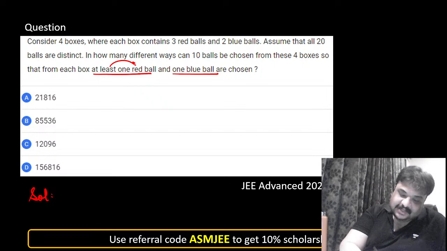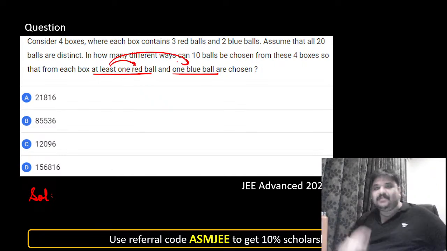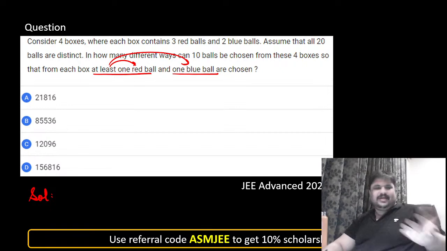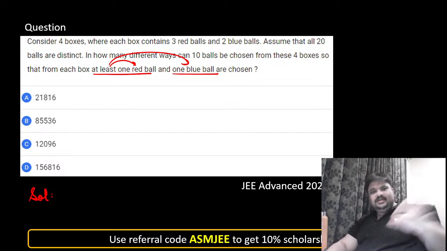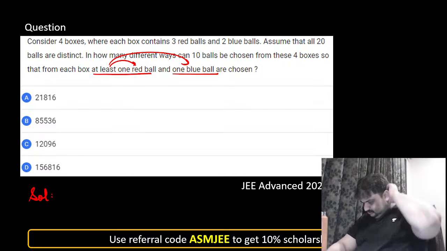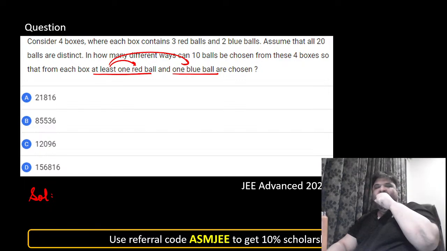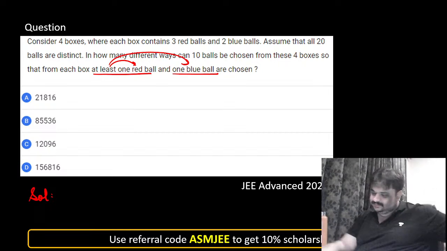It should be at least on this as well and at least here also. So that ambiguity is slightly present here. But that's okay. I think at least applies to both, minimum one of this, minimum one of this.